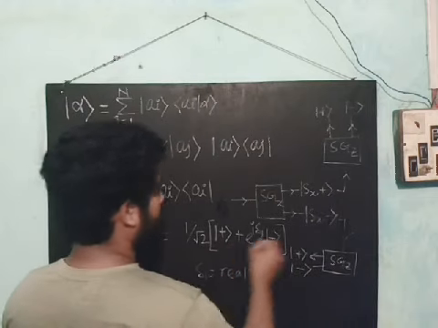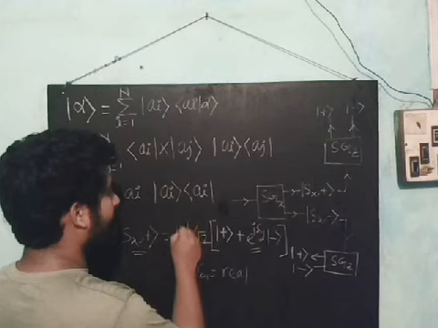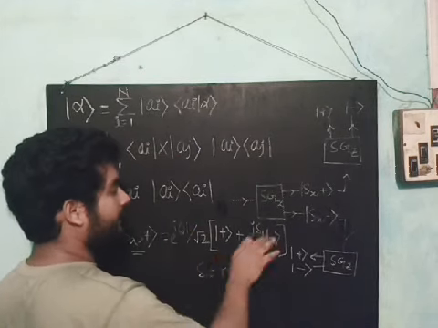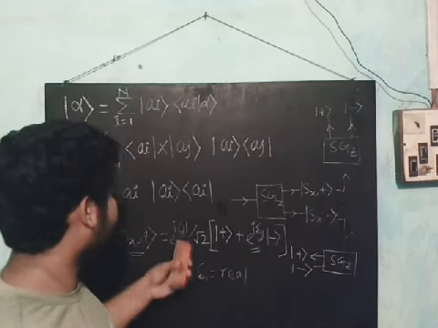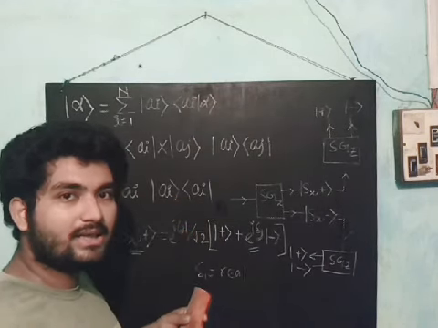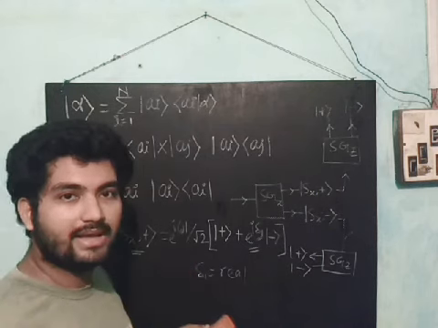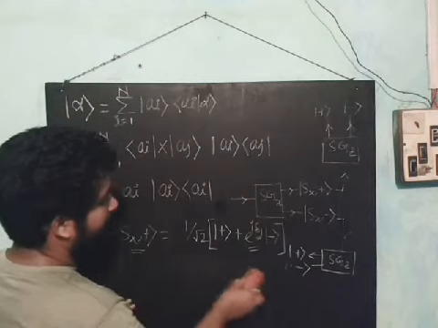I can also put here e to the minus any real number. It may change, but it will not lead to any new physical result, because this is a real number. So when I try to get the probability, it will eventually cancel.